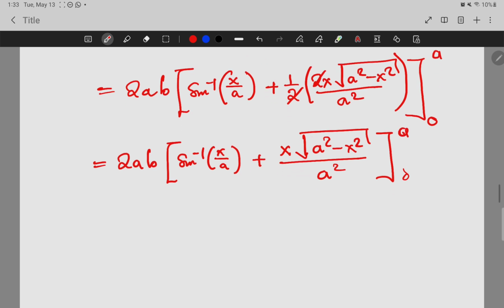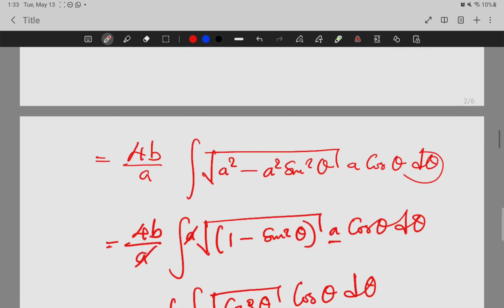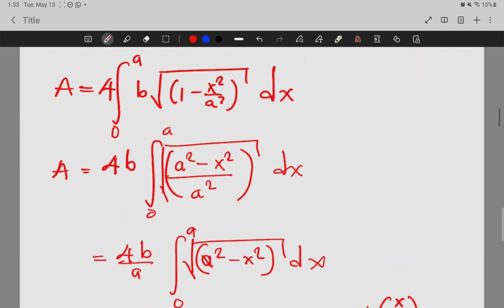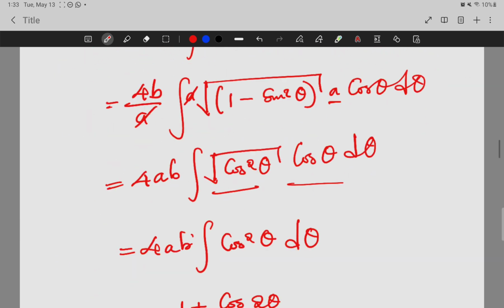Now let's bring in our limits of integration. So this was our original expression. I think our starting variable was x. It all started here. Okay, yes, that was x.